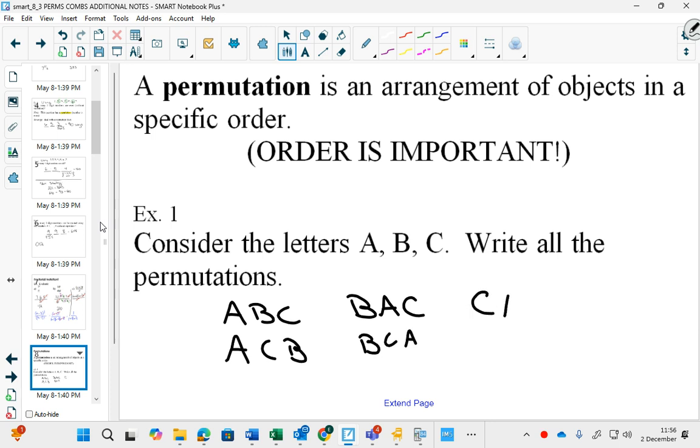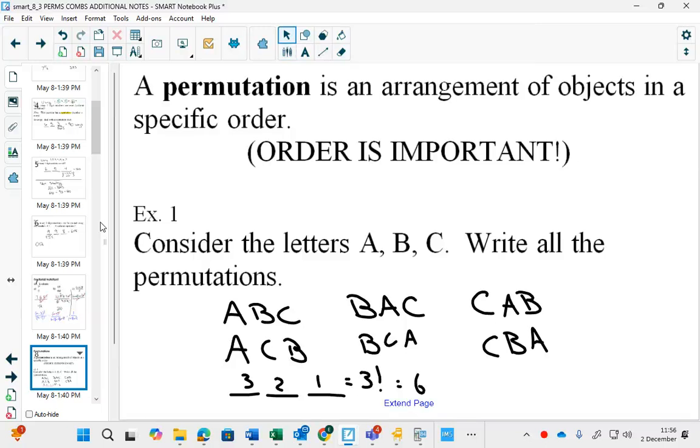You could start with a C and go CAB and CBA. And we could always count our permutations with spaces. And we use factorial signs a lot when we're talking permutations, because you're always going down by 1 once a choice has been used up. So you would get 6 ways.